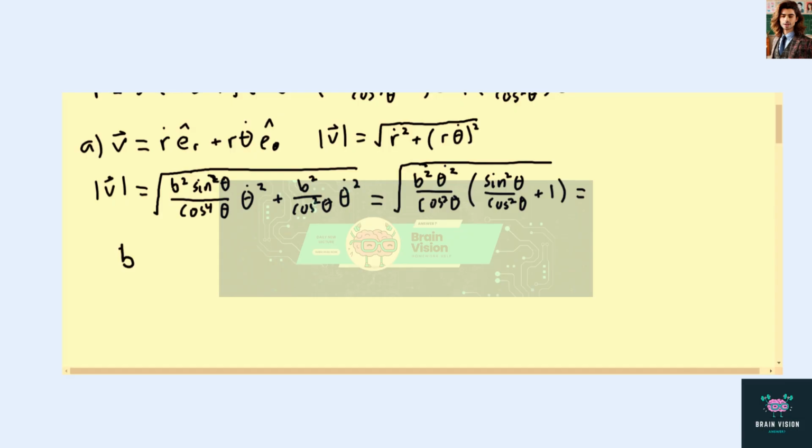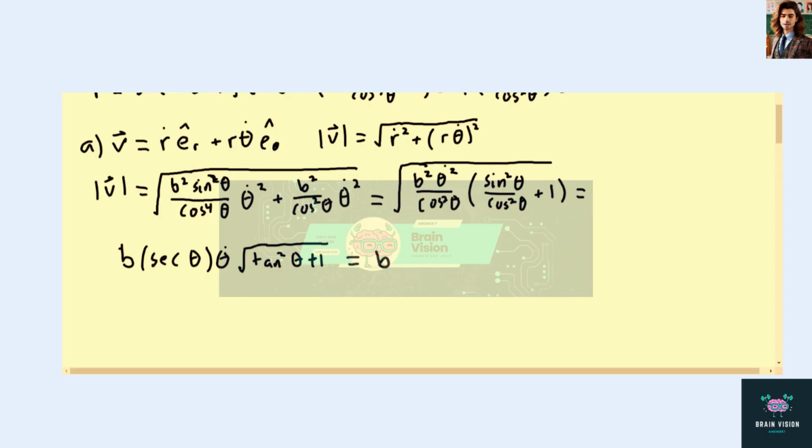So we'll have a secant, 1 over cosine, so we'll have a b secant theta times a theta dot and square root of tangent squared theta plus 1. And this is simplifying a bit more because tangent squared plus 1 is equal to secant squared, another identity.